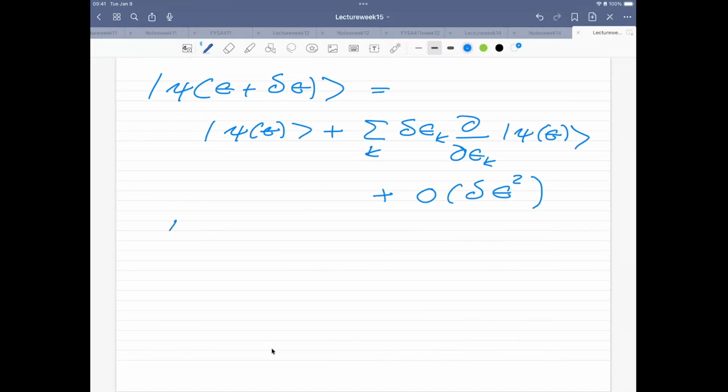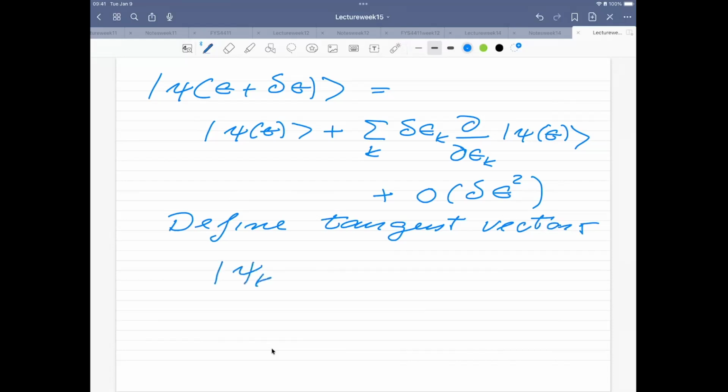Then I'm going to define the tangent vectors. These tangent vectors are a quantity which I will just label as psi of k. So these are quantities which then depend on these parameters theta.